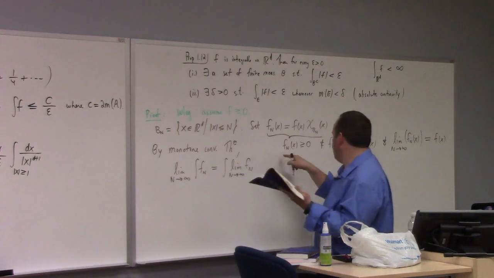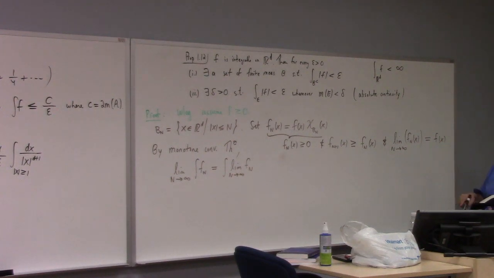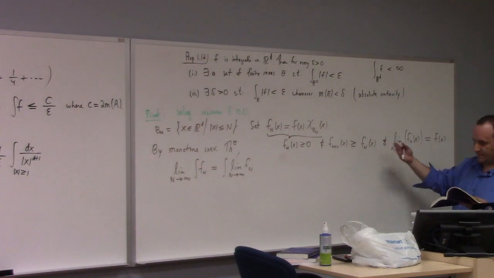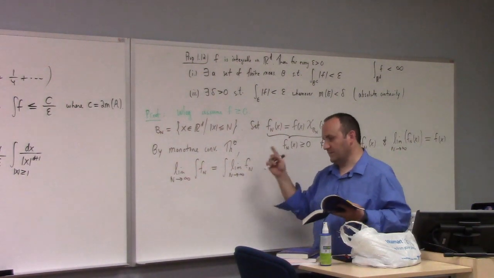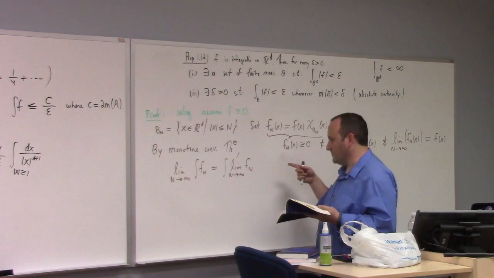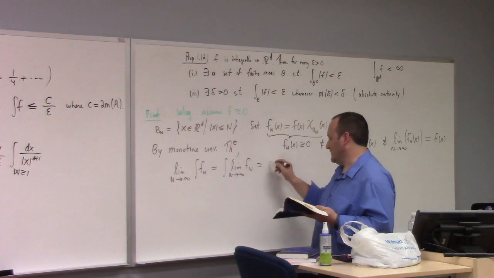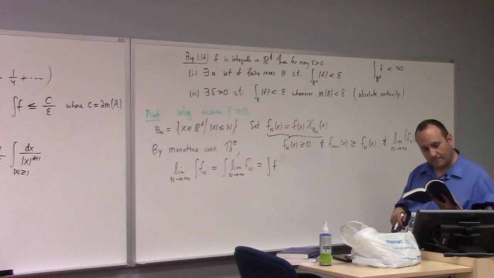Because we have met the terms and conditions, which convince us we can apply the monotone convergence theorem on this sequence of non-negative measurable functions. But anyway, the point is that this is the integral of f. And what does that give us?